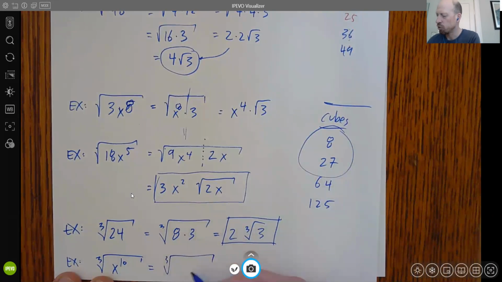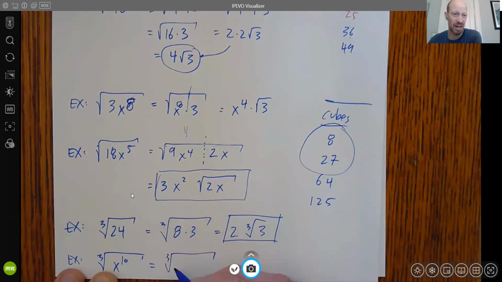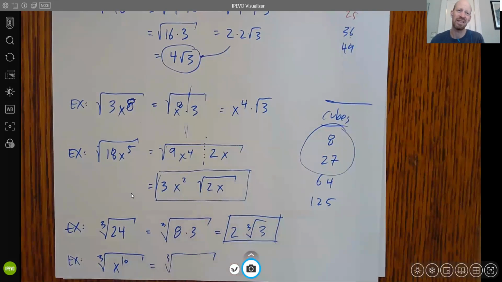This is going to be the cube root, and I want to break it up so that I have the largest part. I mean, you could write it as x to the 3rd and x to the 7th, but that actually wouldn't be that great because there's a lot of perfect cubes in that x to the 7th. I want to break it apart so that I have the most perfect cubes, and the way to do that is to do x to the 9th and x.